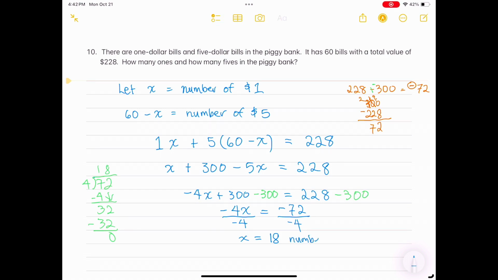Now I can calculate the number of $5 bills using the equation 60 minus x, or 60 minus 18. Do that calculation on the side. Always keep your side calculations nearby the main problem so that you can double check your answer.